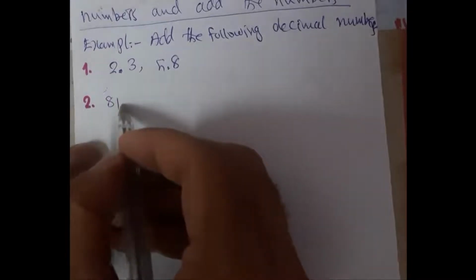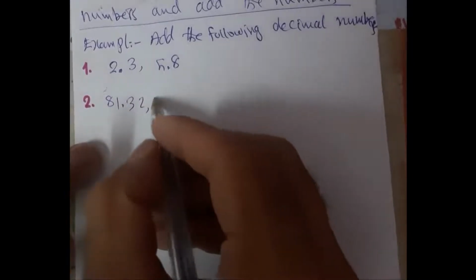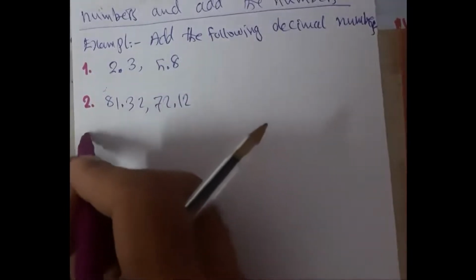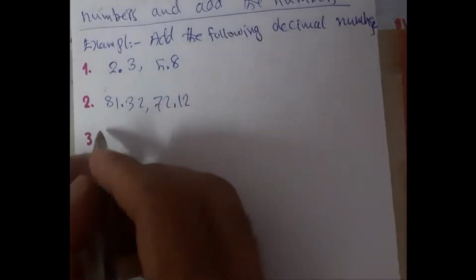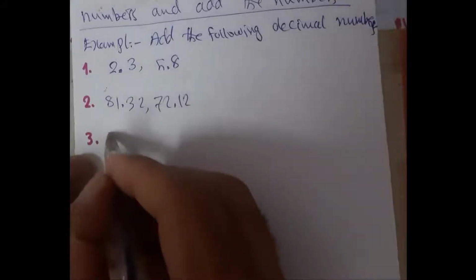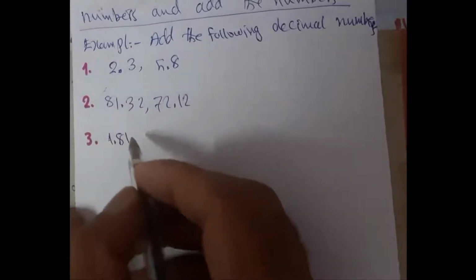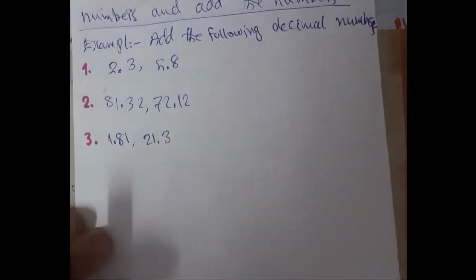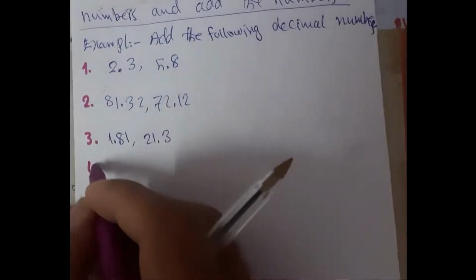Question 2. 81.32, 72.12. Number 3. 1.81, 21.34.